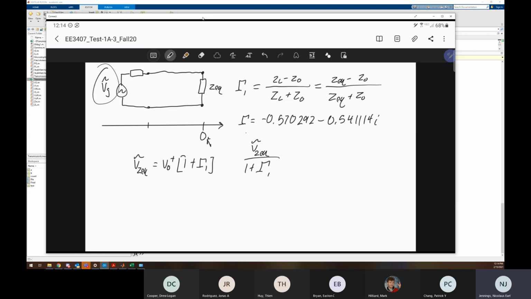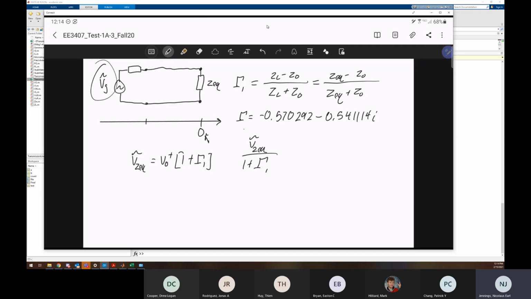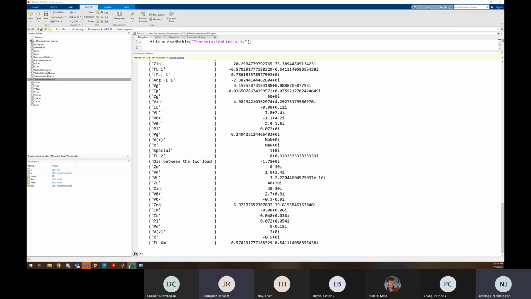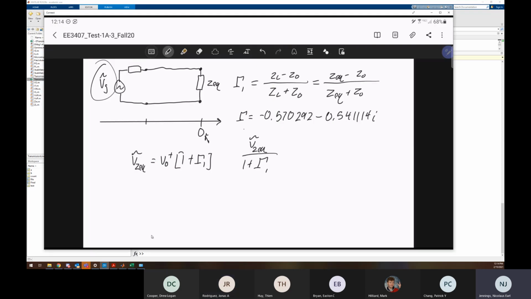I believe that's the convention for all these loads. I'll just check real quickly. It's somewhere right here. Let's see here. Yes, it is the one to its left. Always one to its left. Okay. Now that we have this equation right here, we can solve for VZEQ, or V naught plus, excuse me.